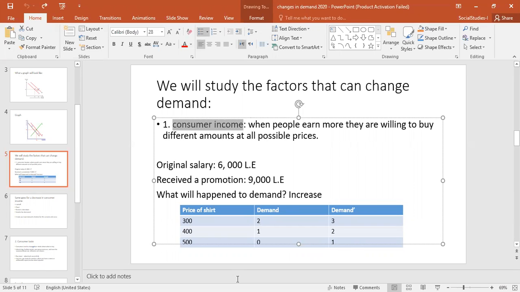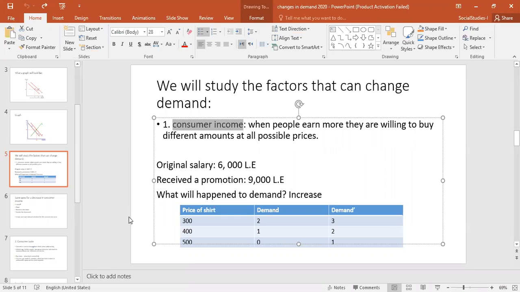I can say, give me a scenario that depicts both an increase in demand and a decrease in demand according to this factor of demand. So be ready to talk about promotions, an increase in income. Be ready to talk about getting laid off or getting a demotion, or for any reason, you're not making the same amount of money that you're used to making. You're making less, or you're not making at all. Okay, is that clear for you guys?